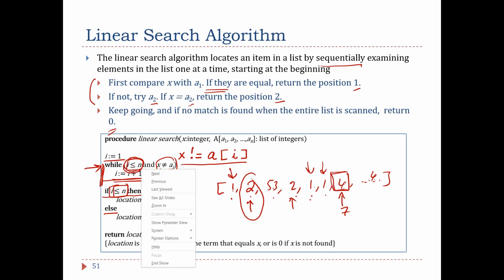And at that moment, we would have increased I by 1 to become equal to n plus 1. When we get back here to the while loop, we will find that I, which is equal to n plus 1 at this moment, is not less than or equal to n anymore. So we will break this while loop and go out of it.